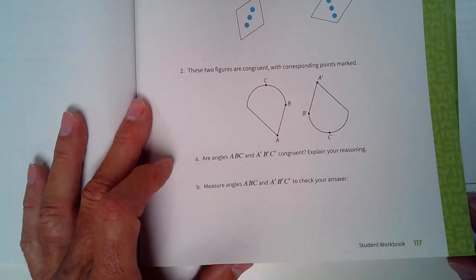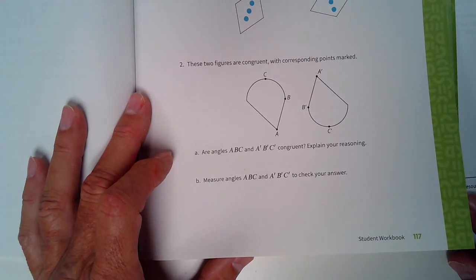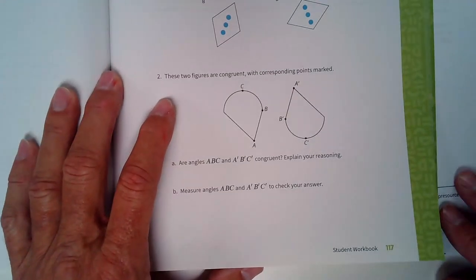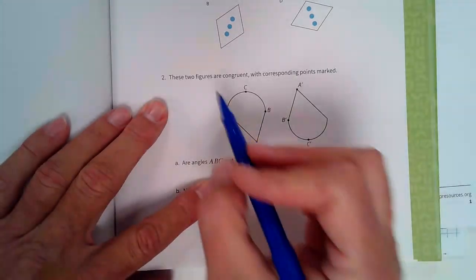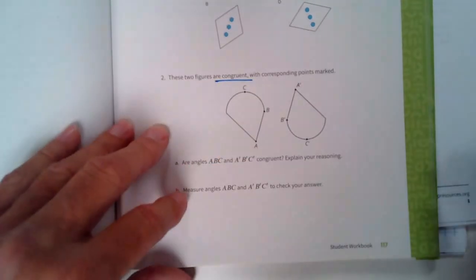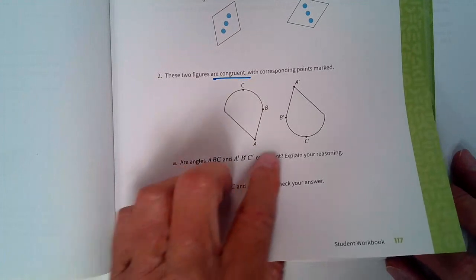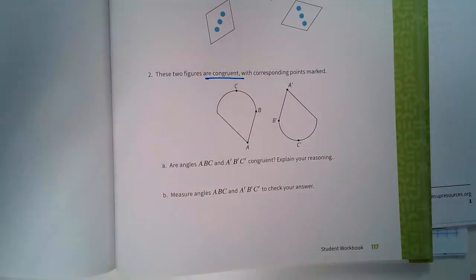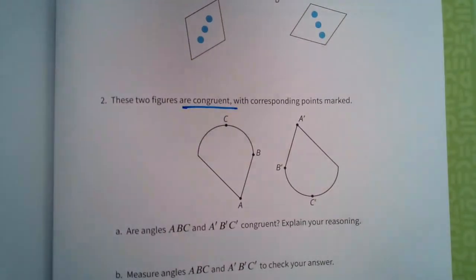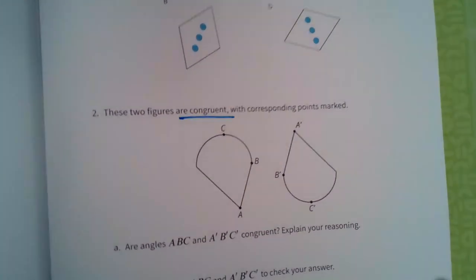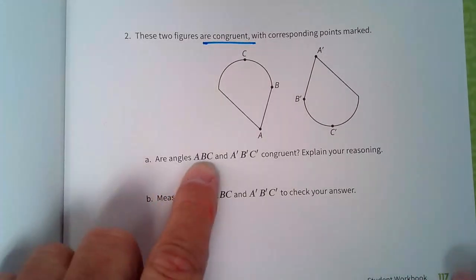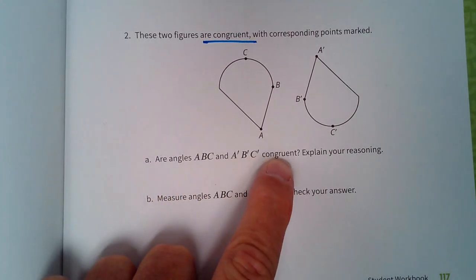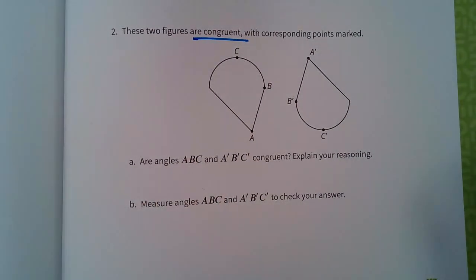And let's see here. Number 2, these two figures are congruent. So they're telling you they are, with corresponding points marked. And A here says, let me zoom in a little bit. A says, are angles ABC and ABC prime congruent?